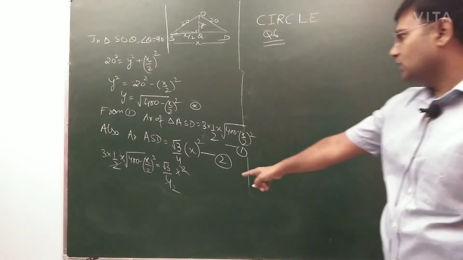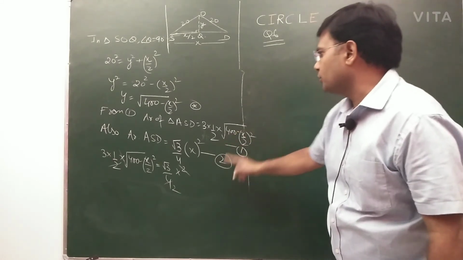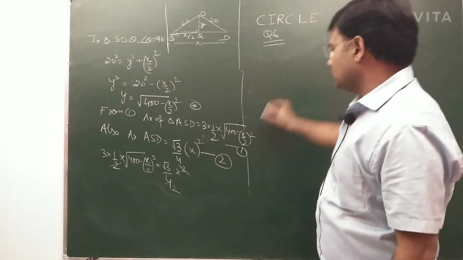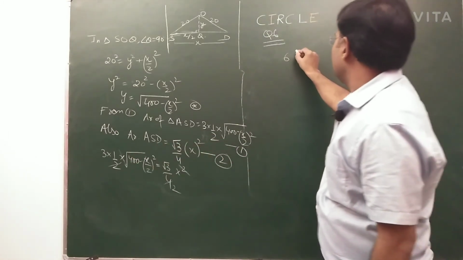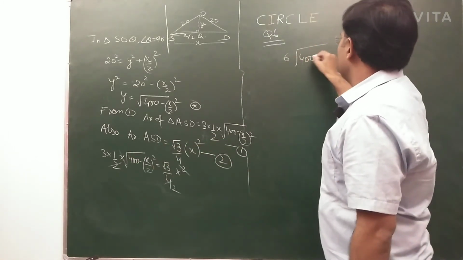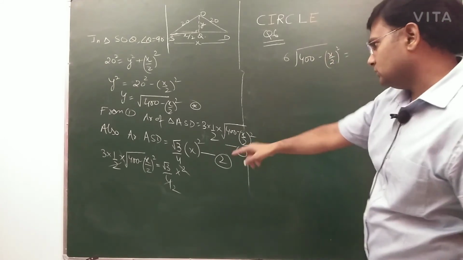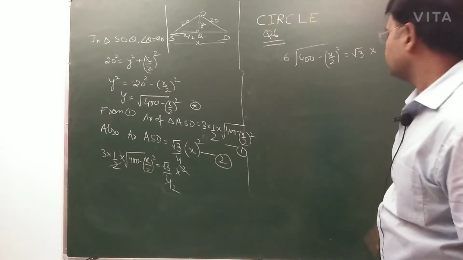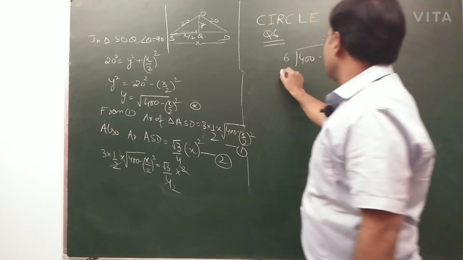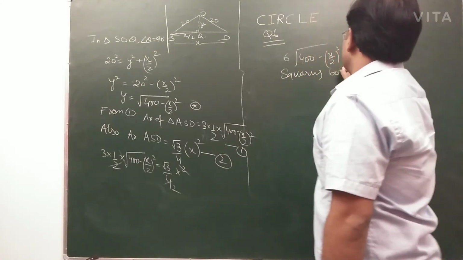Now from equations 1 and 2 you are getting this result. Multiply this 2, so it becomes 6 into the square root of 400 minus x by 2 whole square, and this is equal to root 3 x. Do the squaring on both sides.